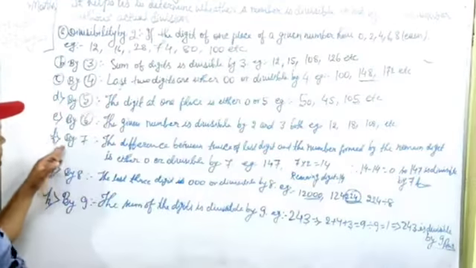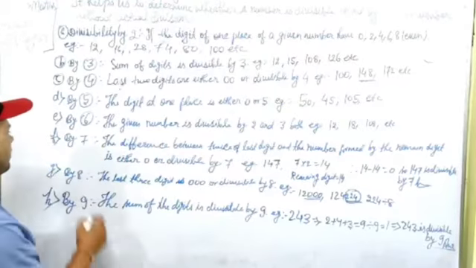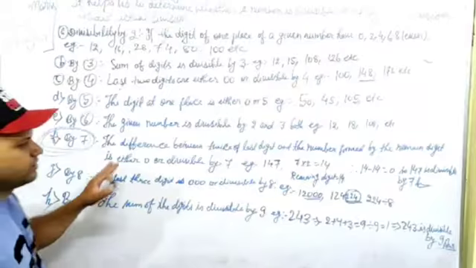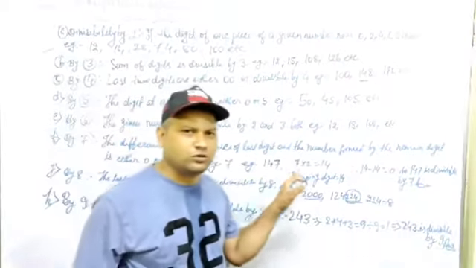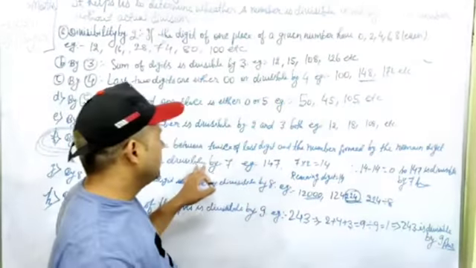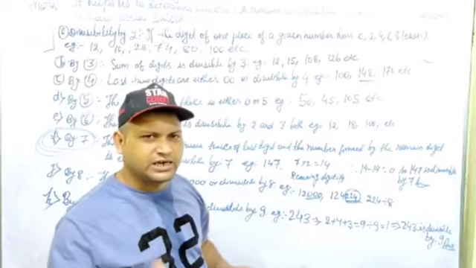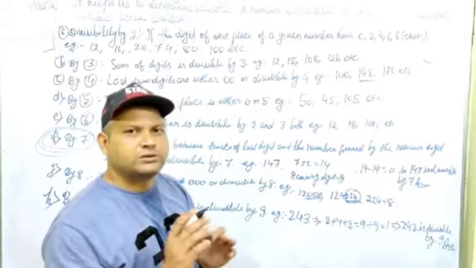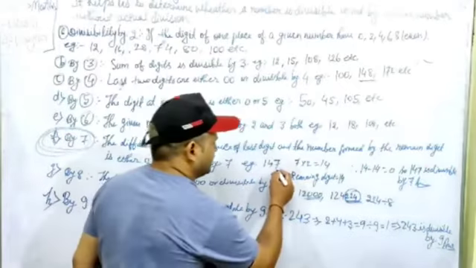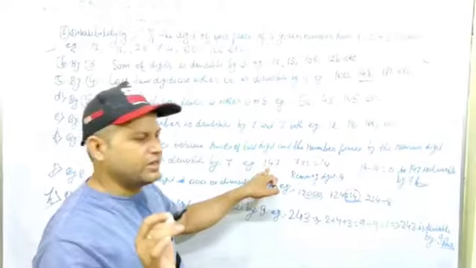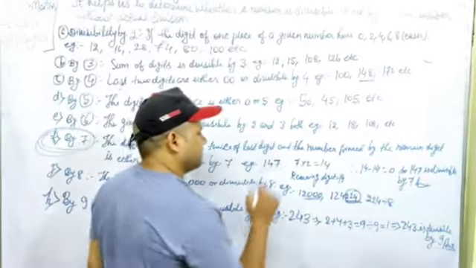Now, the divisibility rule of 7. It is very important. You have to remember it, so just concentrate on this rule. First we have to check the difference of twice the last digit and the remaining number. For example, I am taking 147.